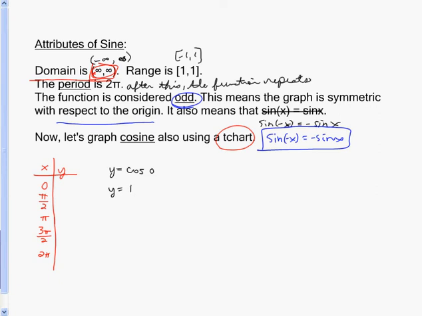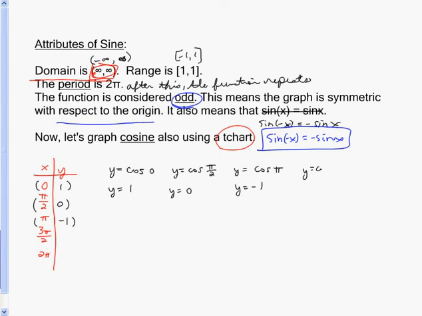So cosine of 0 is actually 1. And then I have y equals cosine of pi over 2, which is cosine of 90 degrees. And that is actually 0. And then I have y equals cosine of pi, which is cosine of 180 degrees, which is negative 1.